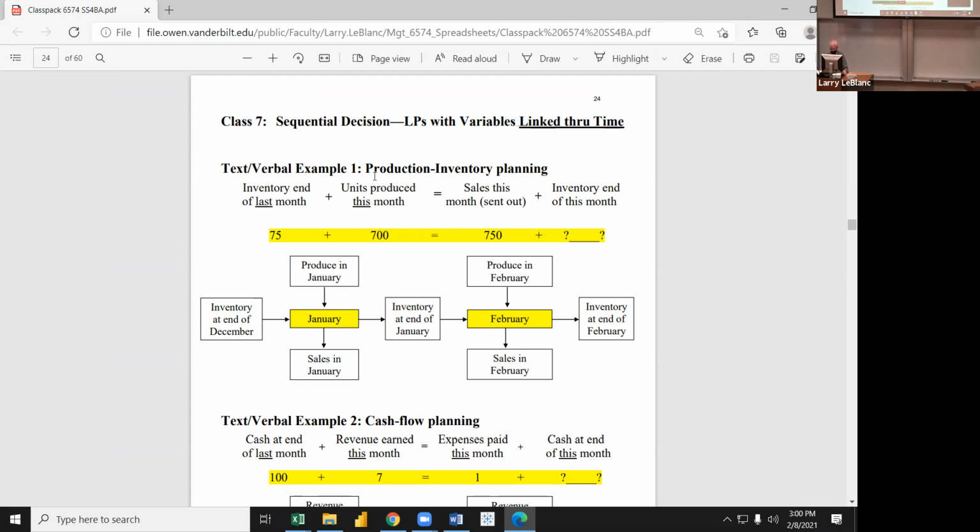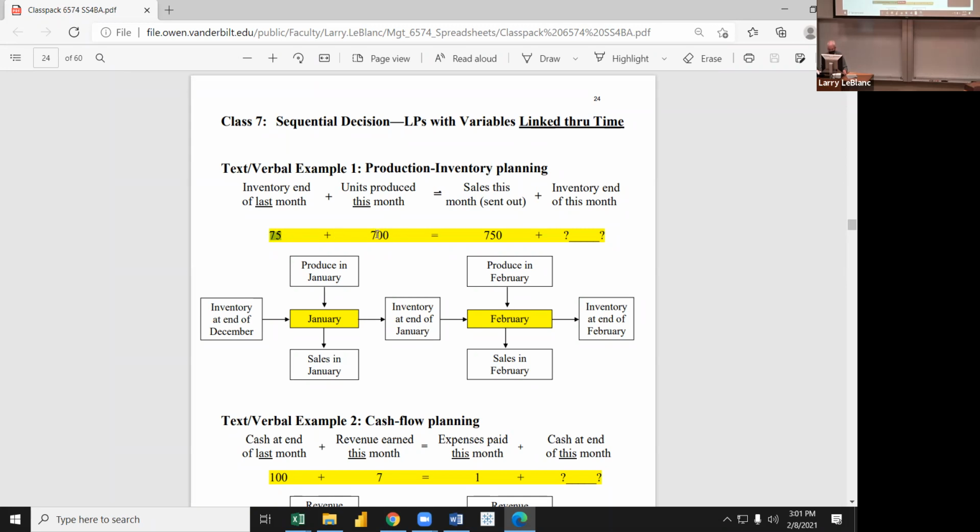text verbal production inventory planning. The inventory at the end of last month plus the units produced this month must equal the sales this month plus the inventory at the end of this month. For example, if we ended last month with 75, that means we start this month with 75.